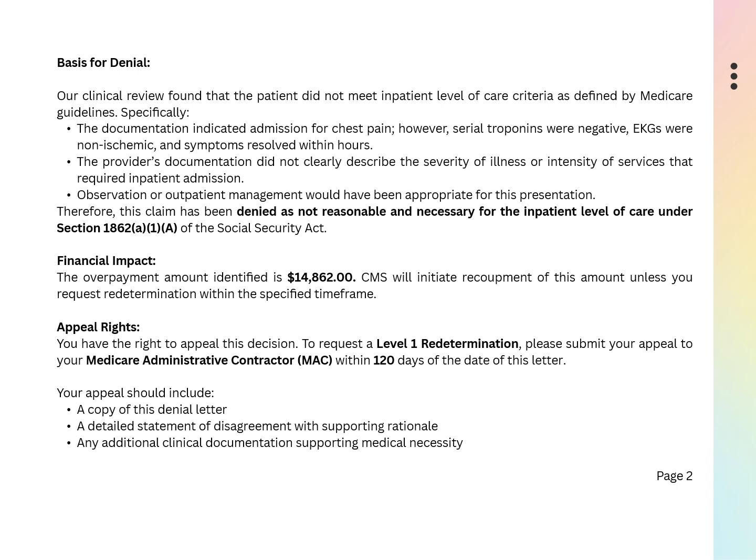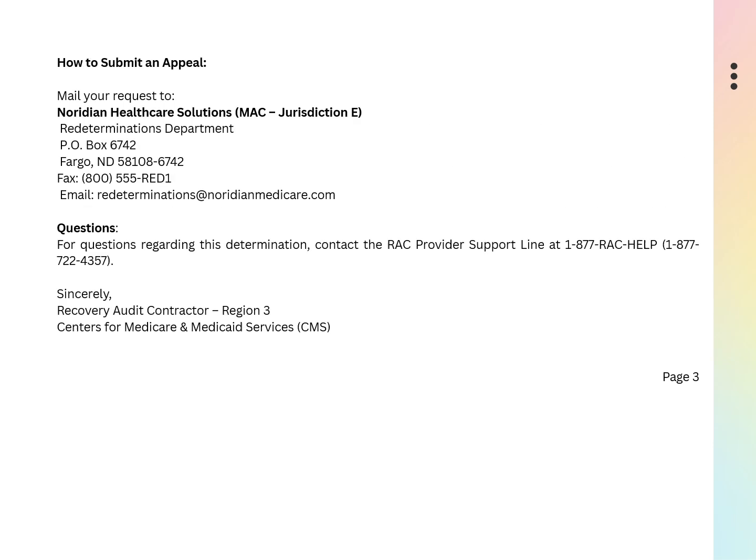How to submit an appeal. Mail your request to Noridian Healthcare Solutions, MAC, Jurisdiction E, Redeterminations Department, P.O. Box 6742, Fargo, North Dakota 58108-6742. Fax, 800-555-0001.